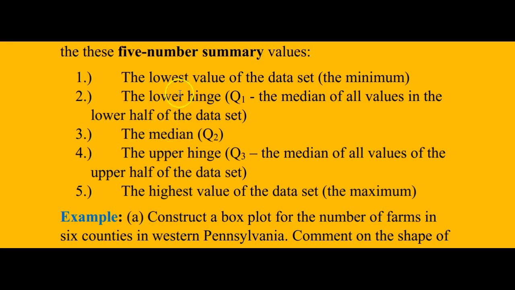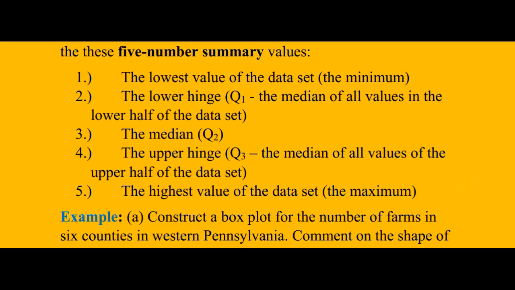So if we divide the data set into equal halves, we find the median of the lower half. If we find the median of the upper half, that gives us the upper hinge, which is the third quartile. The median is the second quartile, which is the middle number, as we already know.